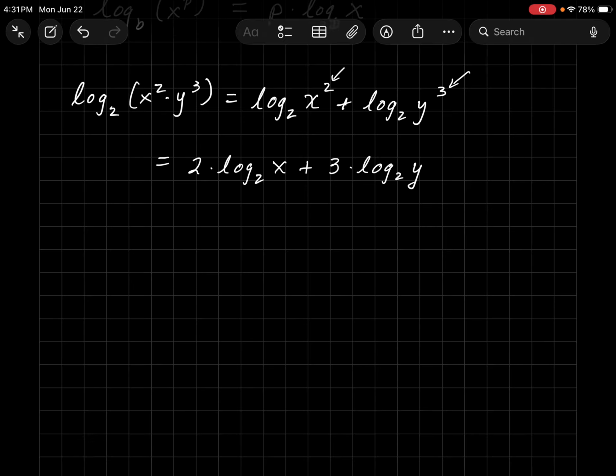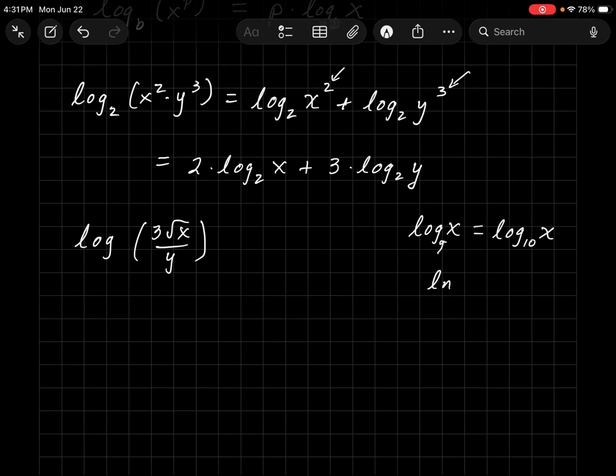Let's take a look at another example. Let's do the log of 3 root x over y. Now, you may recall, or you might not, that when I have the log of something, called log of x, without a number here, for us, we know or assume that is going to be the log base 10 of x.